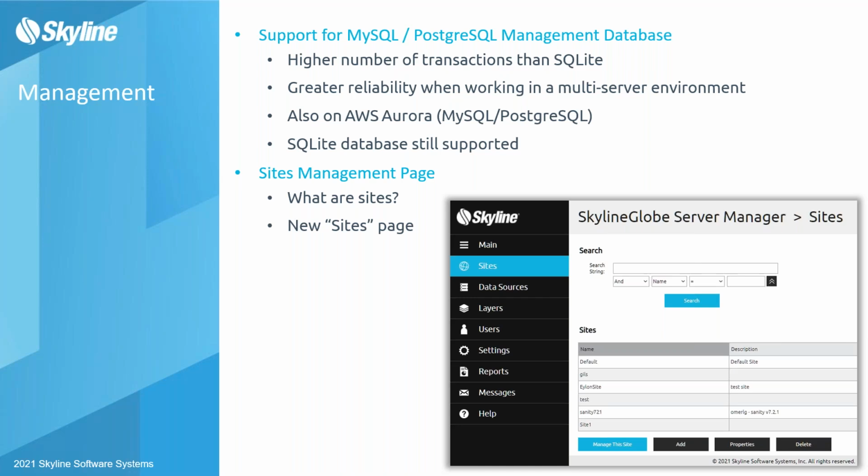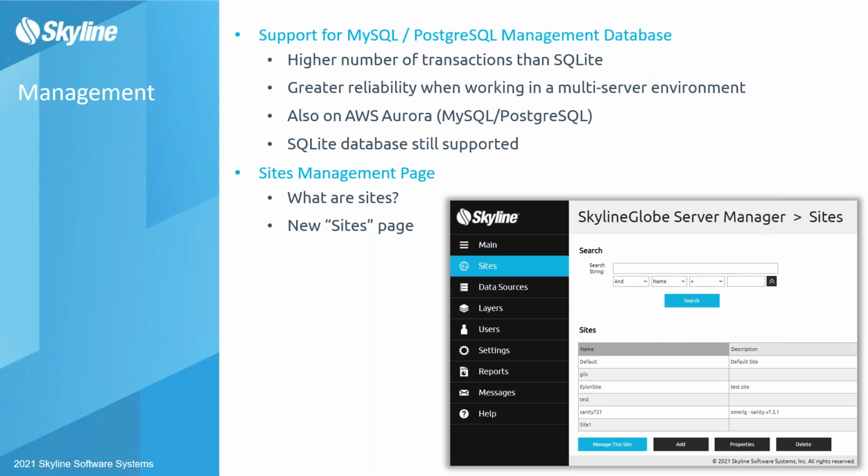But when we work in big installations, Skyline Globe server has built-in functionality to work as a cluster, so you have multiple nodes, multiple computers. Normally these days, these would be instances in a cloud platform, like we host our Skyline Cloud on AWS. So multiple instances are nodes within a Skyline Globe cluster.